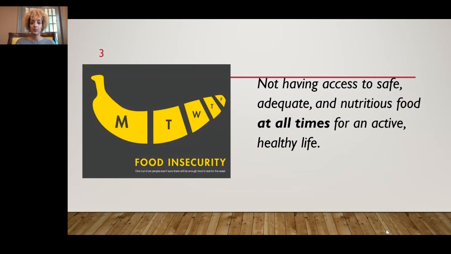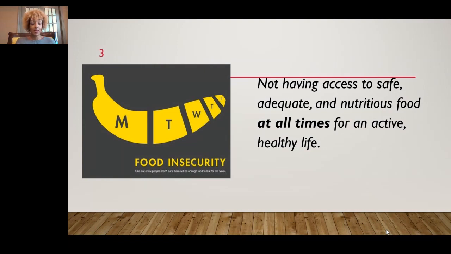So an episode of food insecurity looks like a person who is skipping lunch because it's the end of the month and they've run out of money to spend on food for lunch. Or food insecurity looks like a family where the parents eat less for dinner to make sure that the children have food for that night. Those are all instances of food insecurity.